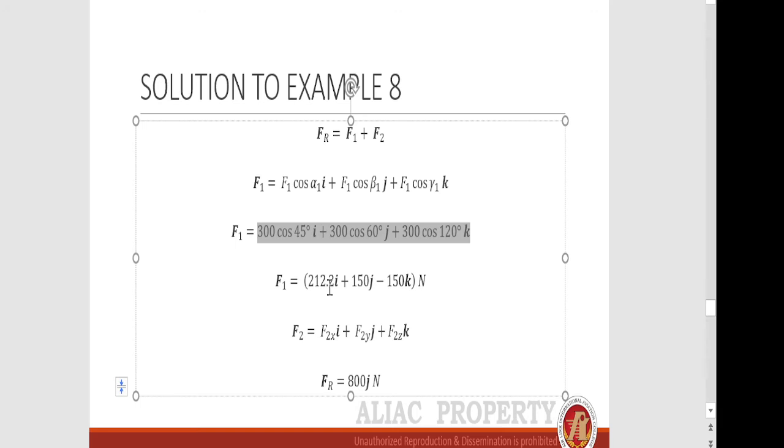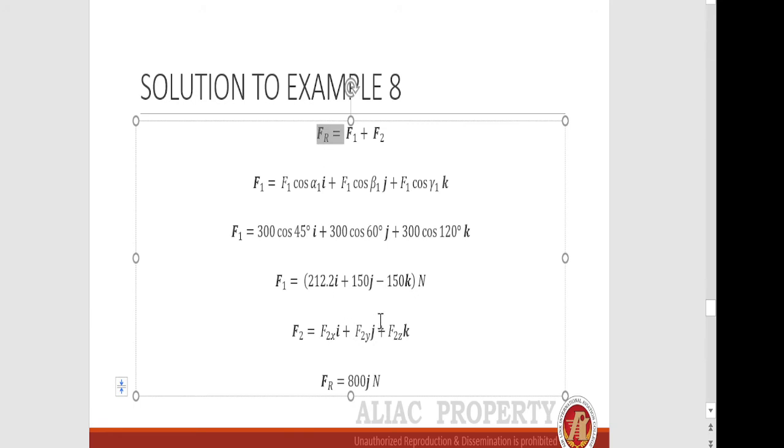So that's F1. For F2 also the same process, F2x i plus F2y j plus F2z k. Did we find F2? No. So we have Fr.